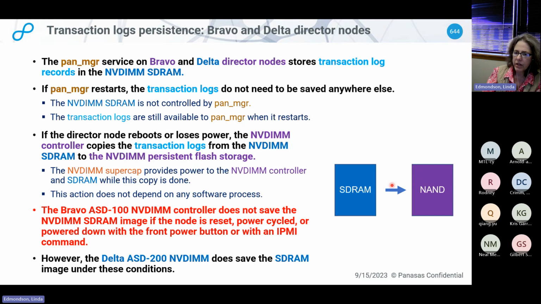The NVDIM is armed and knows how to do this. But remember, on the Bravo ASD100s, it does not provide this save if the director is power cycled by IPMI or the front power button. The Delta ASD200, not a problem.